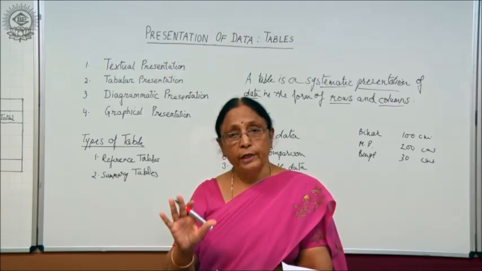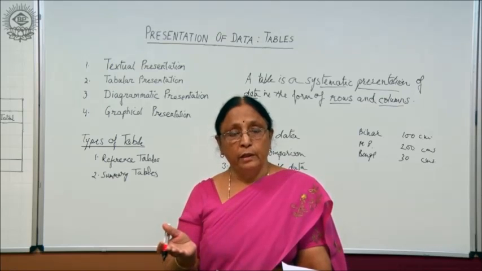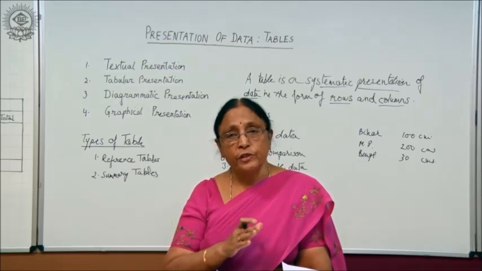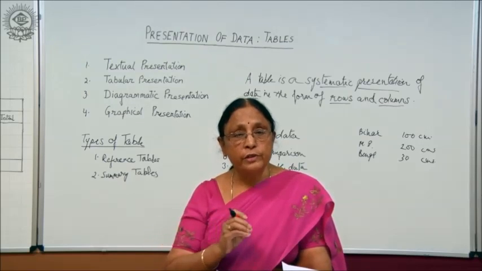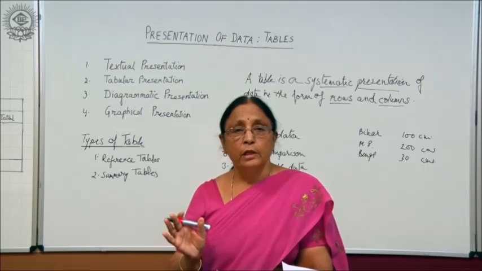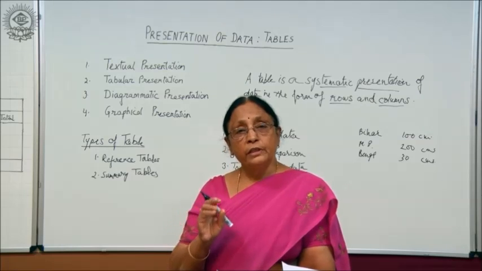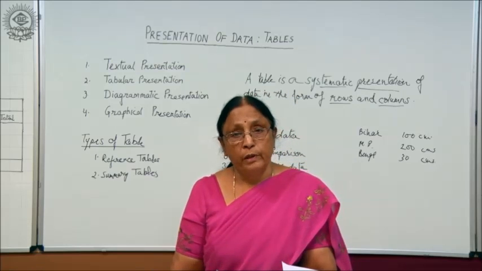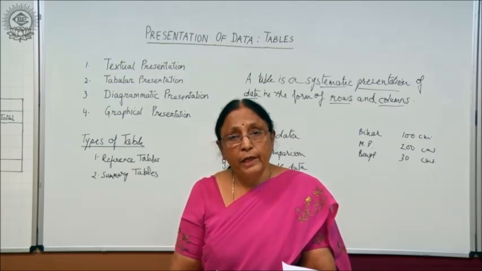That means the whole data regarding any general problem in the country or general distribution of population or general agriculture production, this type of data is known as reference table. This is in the form of data bank, as I told you.